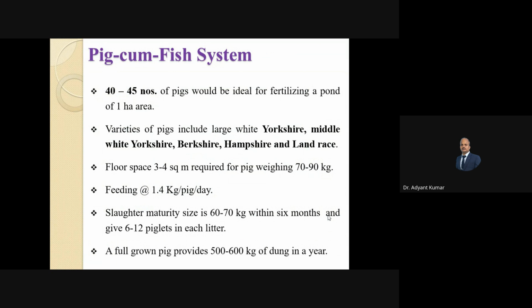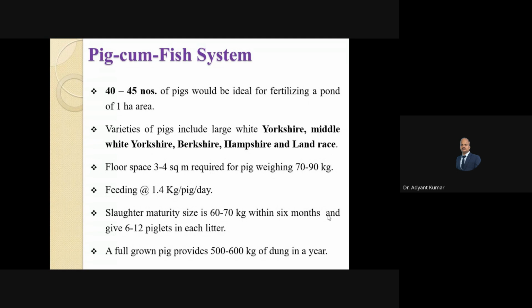One of the major breeds in Eastern India is T&D, which is also famous as Jharsu. The floor requirement is 3 to 4 square meters for a pig having a weight of 70 to 90 kg. They can take 1.5 kg of feed per day.